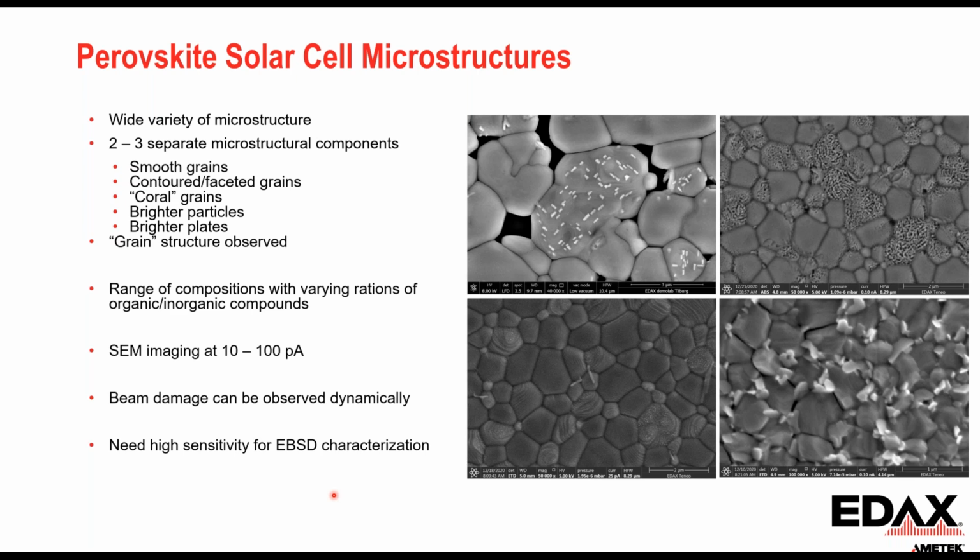In these, some of them are smooth grains, some look more like faceted grains. Some look like, I call them coral grains, where they have porosity-looking features in them. There are some brighter particles, some brighter plates, and generally you can observe what you'd call grain structure. And in these materials, you'll have a range of compositions with different elements, with varying ratios of organic to inorganic compounds.